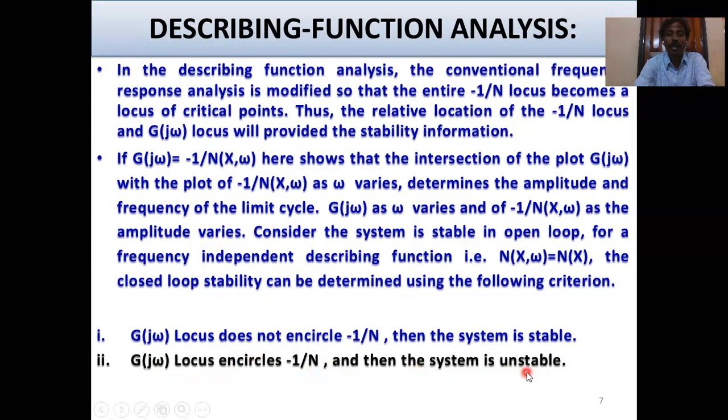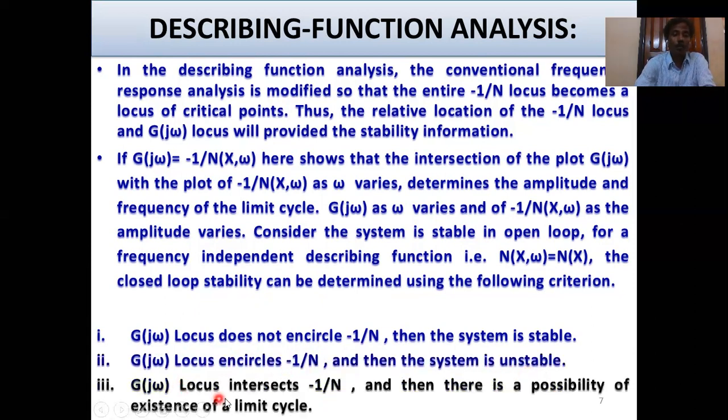This is condition number 2. And if G of j omega intersects the minus 1 by N locus, then there is a possibility of the existence of a limit cycle. So case number 1.